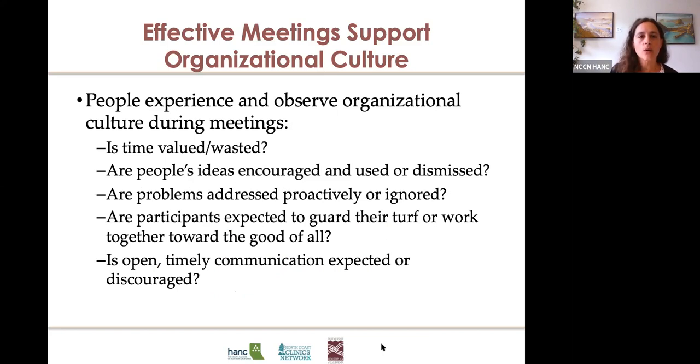The other outcome that can come from a really effective meeting is it can create and actually support organizational culture across the organization. That meeting is the representation of what we're trying to achieve culturally across our organizations. And so again, it's that feeling that people walk away that their time has been valued, that their ideas have been encouraged, that problems aren't only glossed over, but we're proactively asking for them to be revealed and then engaging in a supportive conversation to find solutions to address them.